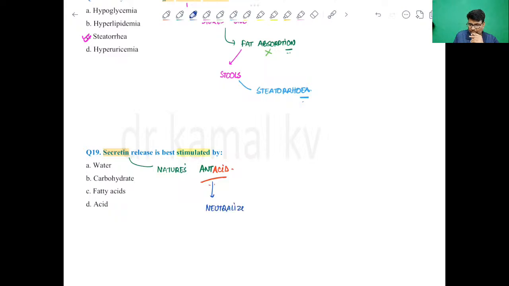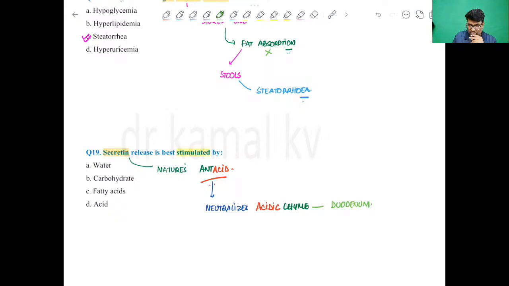It tries to neutralize the acidic chyme which is coming to duodenum, because stomach is well developed to tackle acid, but not the duodenum, so it needs some protection, and therefore the duodenum has Brunner's gland.